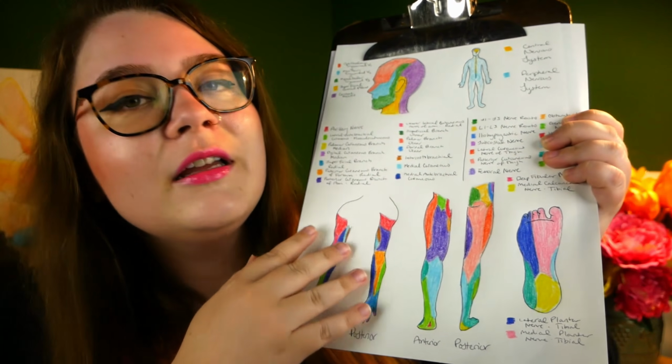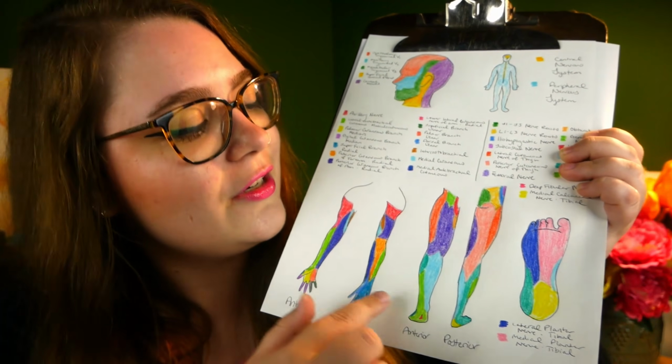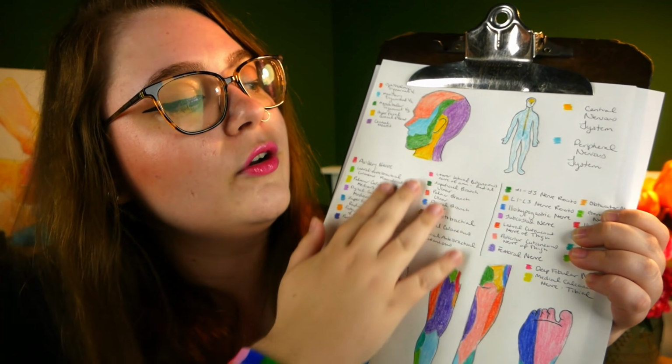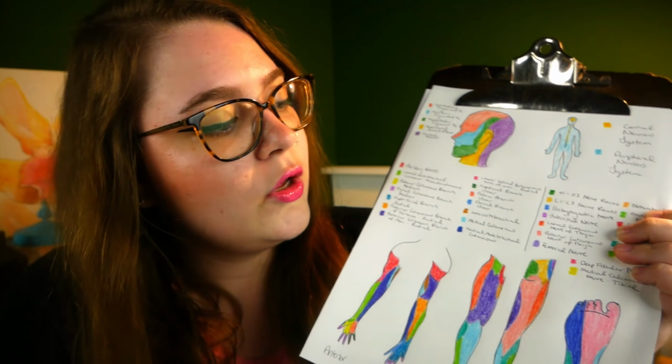We have this colorful chart of all these different nerve areas. So we won't cover everything in one fell swoop. We'll just break it down into little bite-sized pieces.